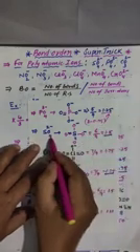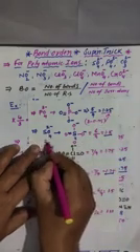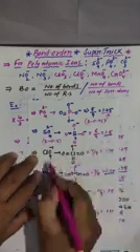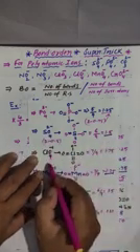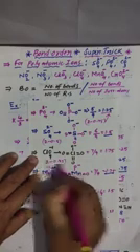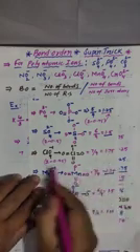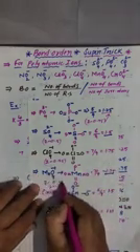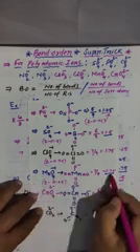Here 2 by 4 means 1 by 2, 0.5. 2 minus 0.5 is 1.5. Here 1 by 4 means 0.25, 2 minus 0.25 is 1.75. Here 1 by 4 again, 2 minus 0.25 is 1.75.